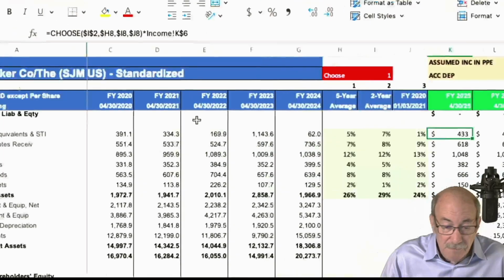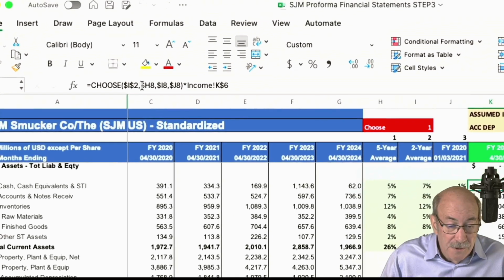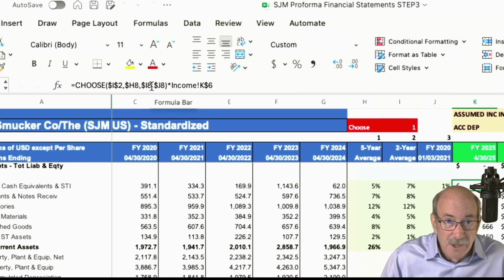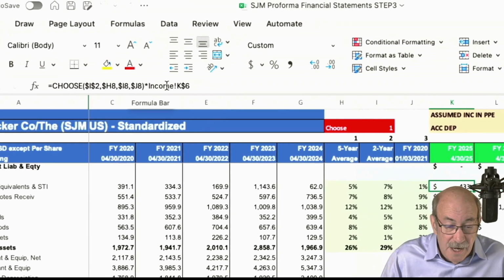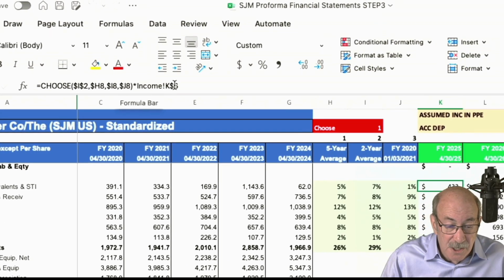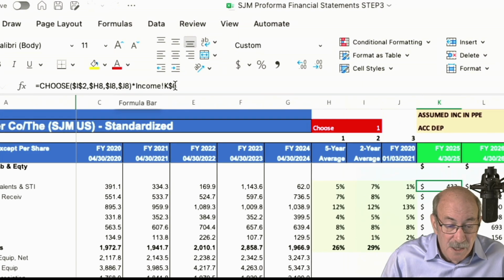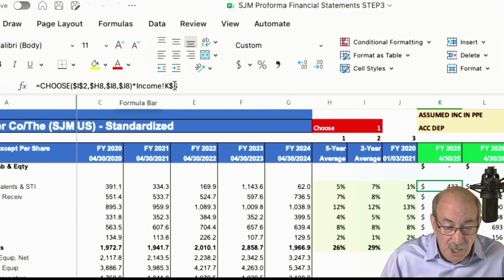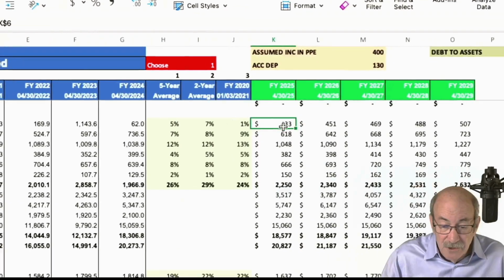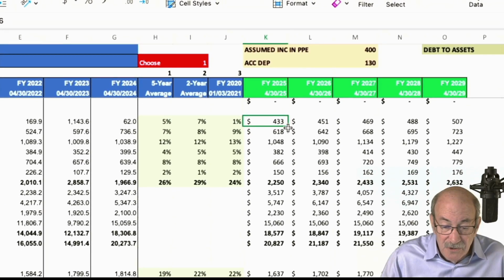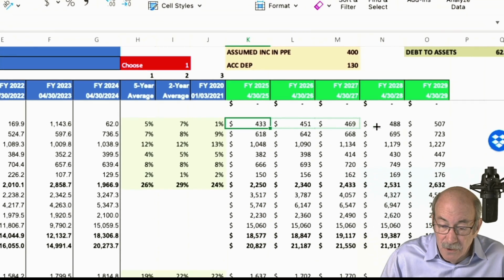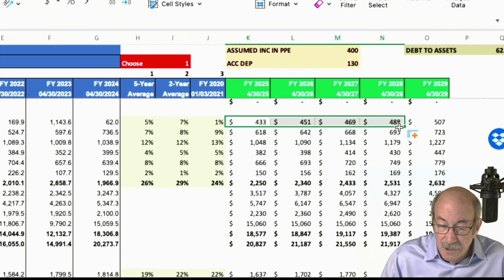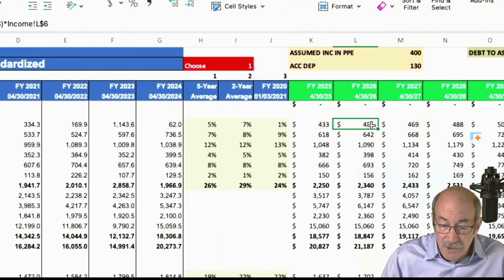However, with these 3, I'm letting the row change, but not the column. And likewise over here on income, I'm letting the column change, but not the row. So then I can easily just copy this cell. Once I've got this formula written, all I have to do is copy it across like this. And now all of these are correct too.